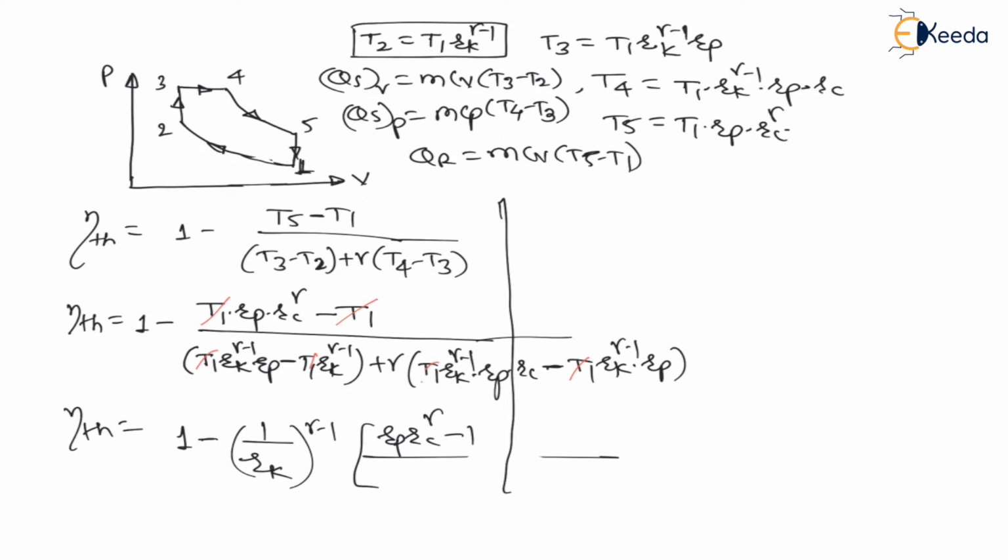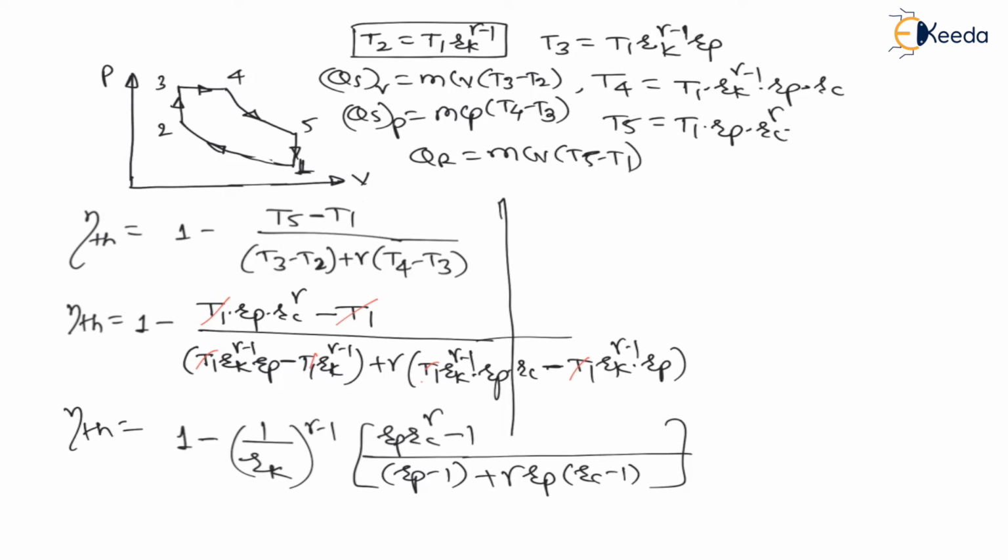Let us find the denominator for this equation, right? Here Rk raised to gamma minus 1 is already taken common, therefore it is Rp minus 1, plus gamma. Now from here, if I consider Rp common, then in bracket Rc minus 1, gamma Rp in bracket Rc minus 1. This will be your denominator, and this is your efficiency formula.